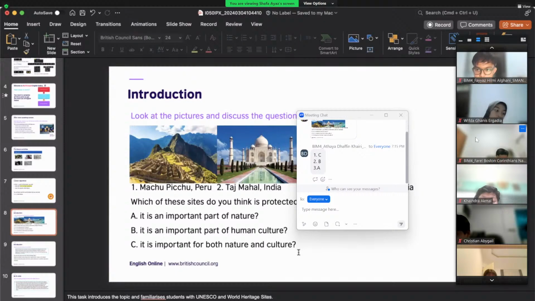But number 2, the main attraction is the architecture, the human past. And number 3, the main attraction is the natural environment. There's no real human impact that people are looking for. Perfect. Excellent. Very good. Anybody else might want to add anything?